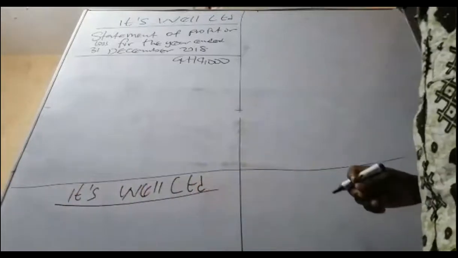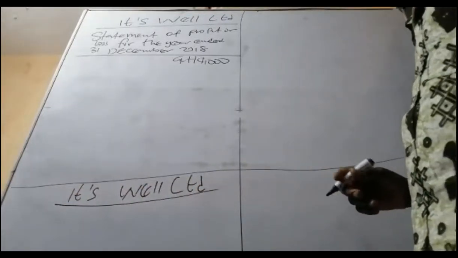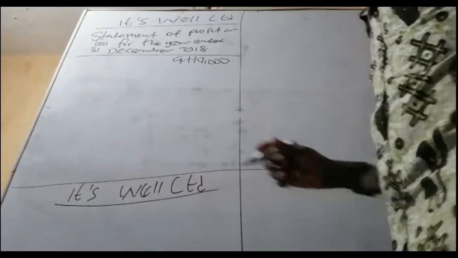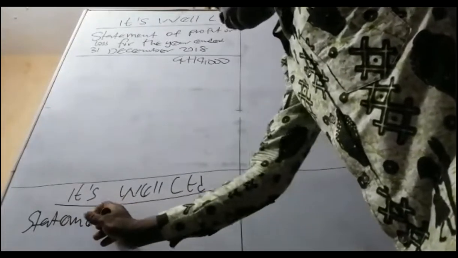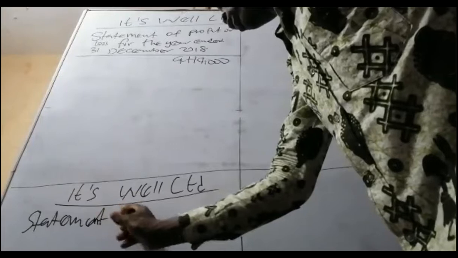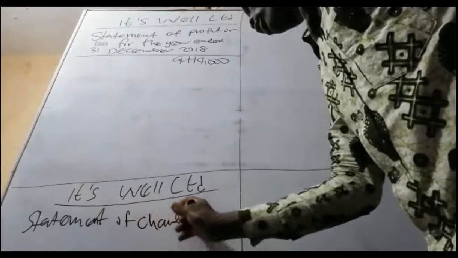Good. And on line 8, tell the examiner that I'm doing what? Statement of changes in equity. So, statement of changes in equity.